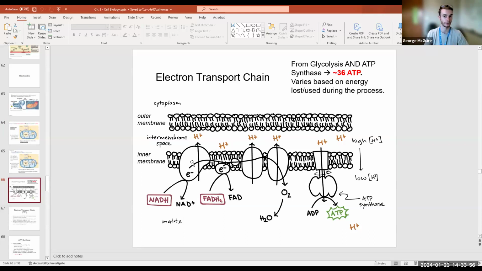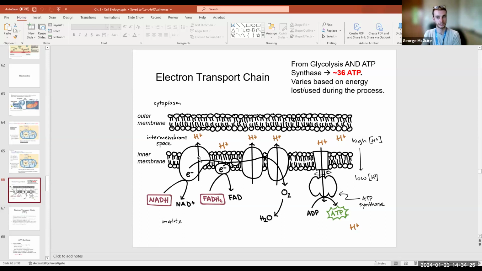So an electron gets donated to these cytochrome proteins. Those cytochrome proteins will pass the electrons to the next protein in the chain. And that is only possible when oxygen is present. Right? We talked about oxygen being extremely electronegative, so it has a strong pull on electrons and will basically drive them to move from cytochrome protein to cytochrome protein until they eventually end up on that oxygen and create water.